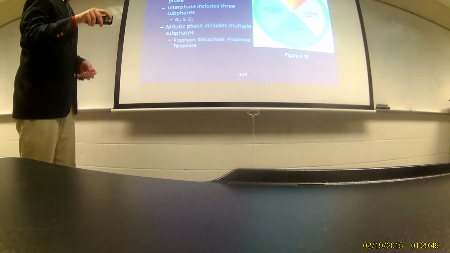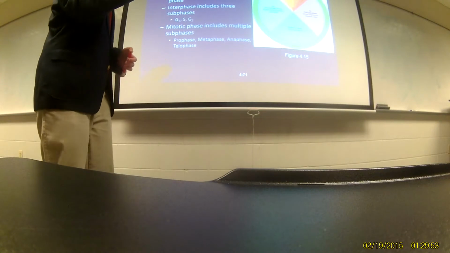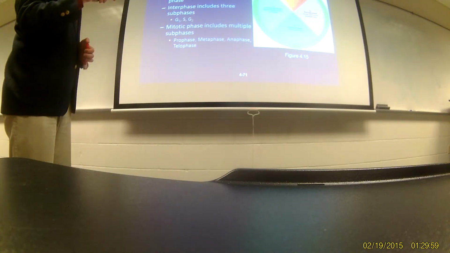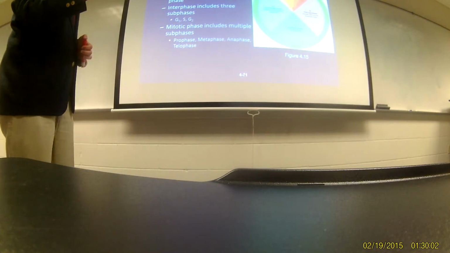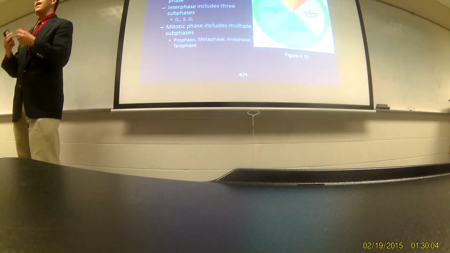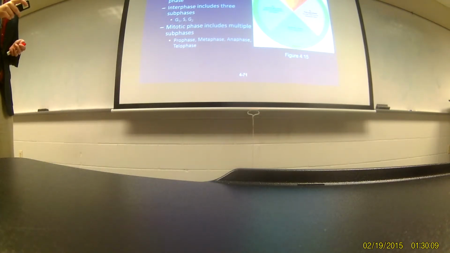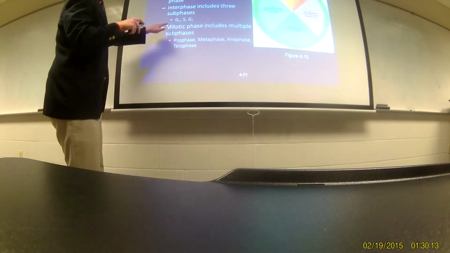In this cell cycle, it's just going to keep going around in a circle, doing each of these phases as you hit it. Interphase is everything in the green here. That's the parts where the cell is not actively dividing. Mitosis, or the mitotic phase, is where the cell is actively dividing.